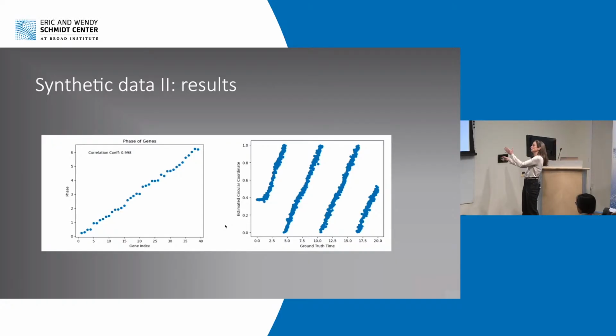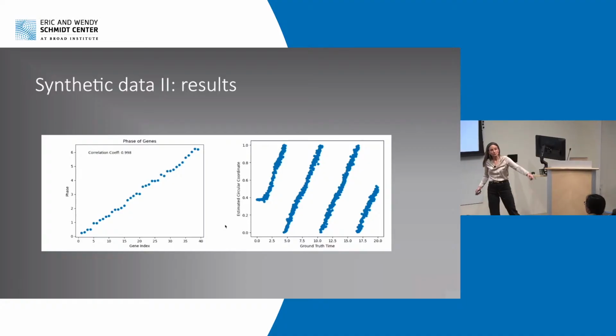We actually have ground truth time and compare the ground truth time against the estimated circular coordinate. And since it's being plotted like this, you really see the circle here coming around and coming around like this. So the circular structure maps very well with the time component of this linear ODE model.